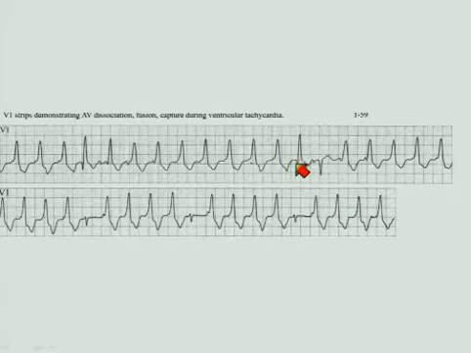And in fact, this is halfway in between this beat and this one, and so this is a fusion. So this is a capture, this is a fusion, and there is AV dissociation. Here's another fusion down over here. And so this is ventricular tachycardia, because you can't fuse two beats really from the same chamber. So fusion means one of them has to be coming from above.